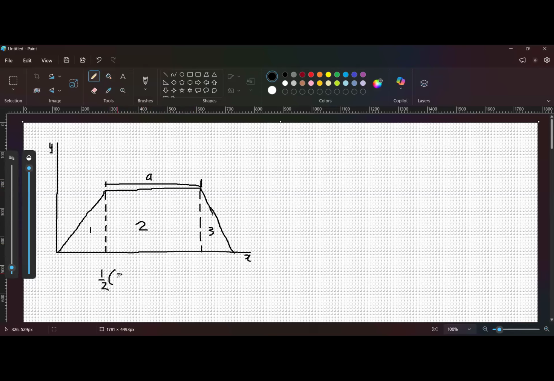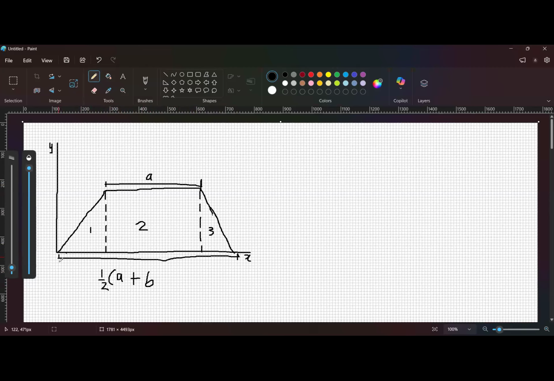Okay. Plus B. B is the distance from here all the way to here.